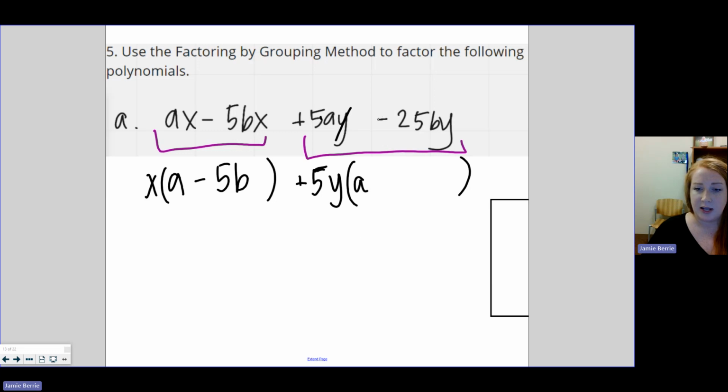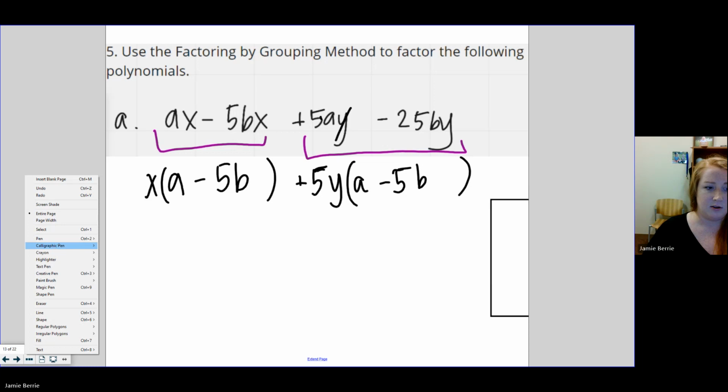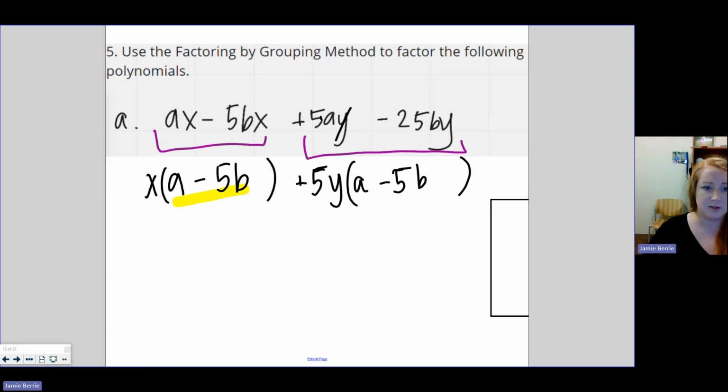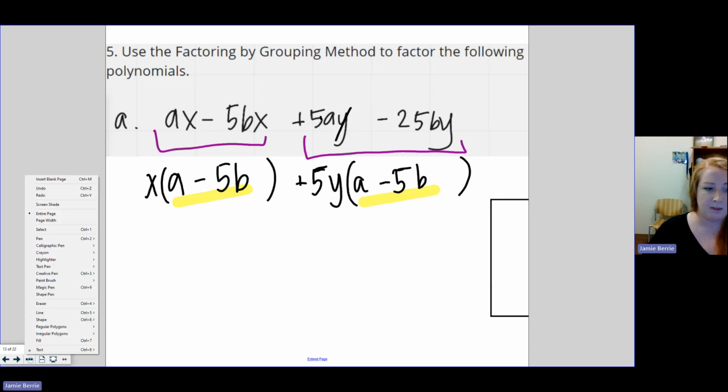-25 take away 5, or divide by 5, would be -5. B divided by y just leaves you with b. Now I want you to look at this. A minus 5b, a minus 5b.